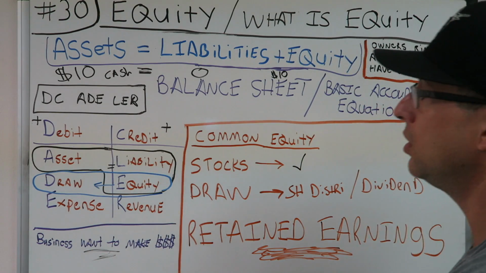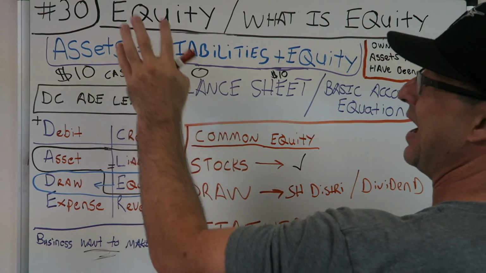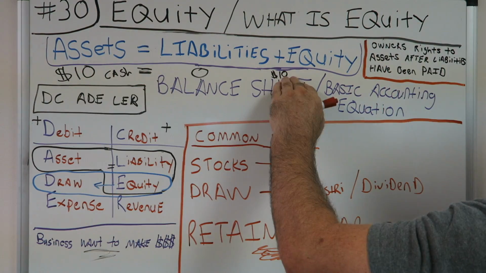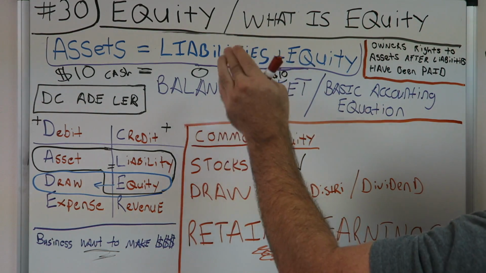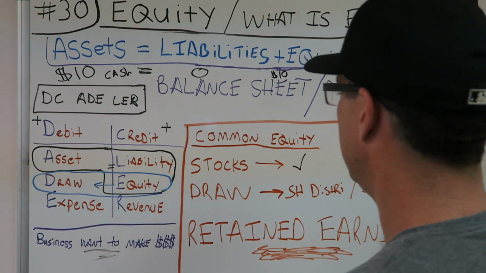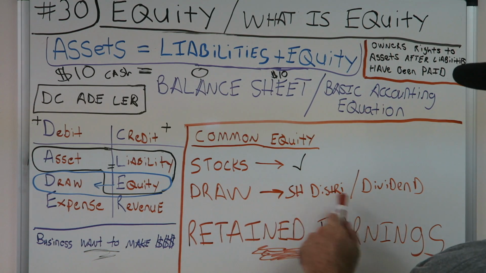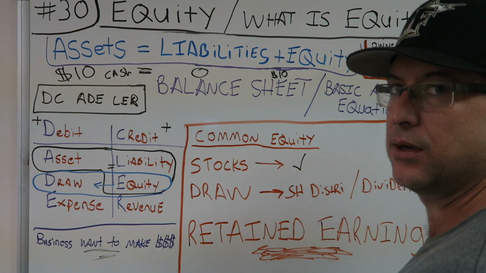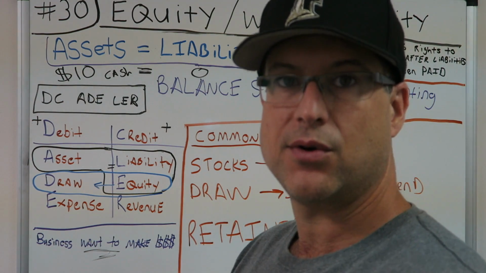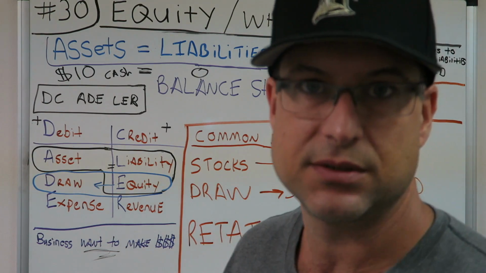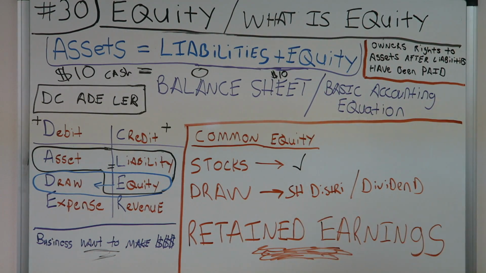You would take out this $10, so you would have a negative equity. I'll just do a balance sheet on that. Now we're going to go with retained earnings, which is a very common equity.